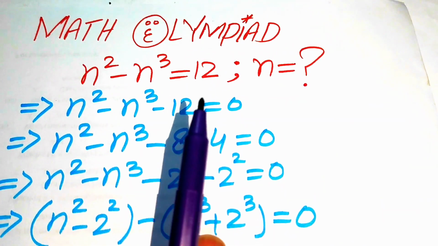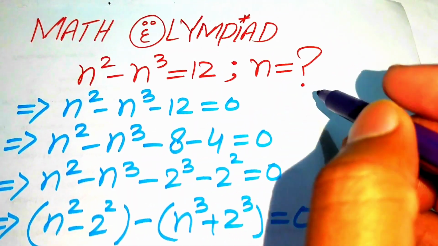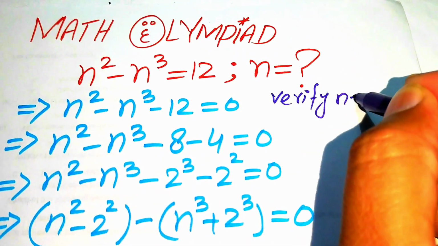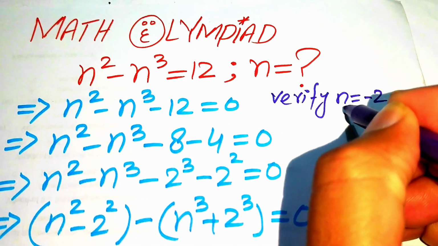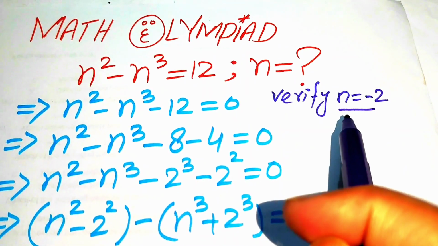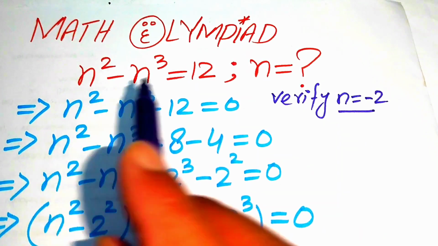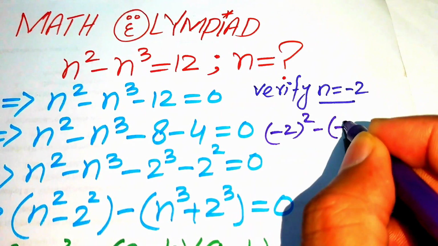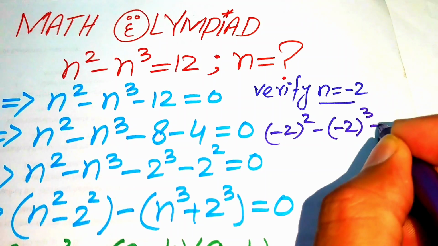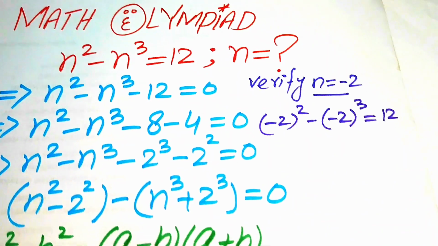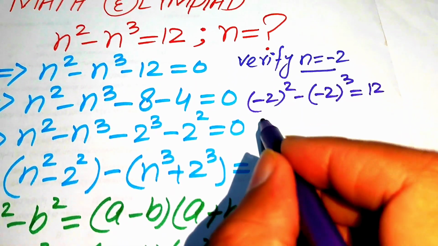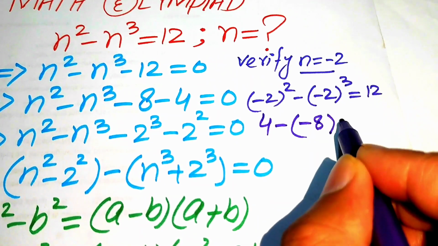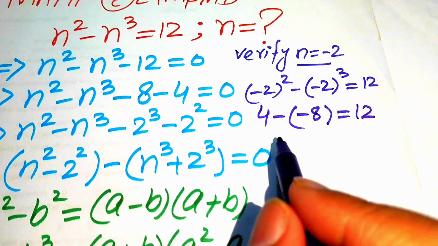Here you see that this is our given question statement, and now we verify our solution, where the value of n is -2. We substitute n equals -2 on the left hand side of this equation, and we obtain (-2) squared minus (-2) cubed equals 12. Here (-2) squared becomes +4, minus (-2) cubed, which is -8, equals 12.